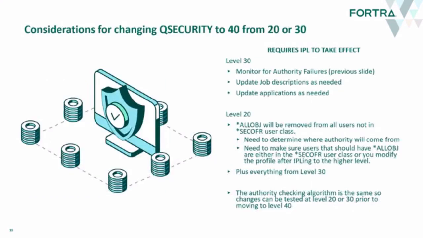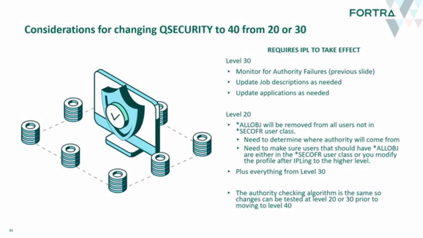So what are some of those steps, some of those considerations to get from level 20 or level 30 to level 40? Well, the great thing about IBM i is it actually lets you configure the system so that it is operating as if you are at level 40, and it will alert you in the audit journal if those things that would break at level 40 are occurring.